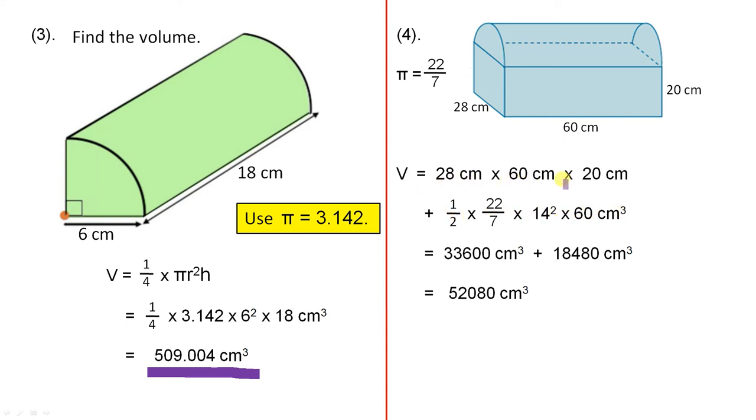That section is the volume of the rectangular prism. This is the volume of the half cylinder. When we add them together, we get 52,080 cubic centimeters. So that is the volume of that whole object there.